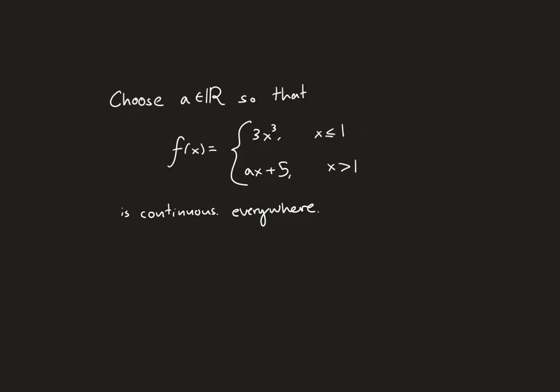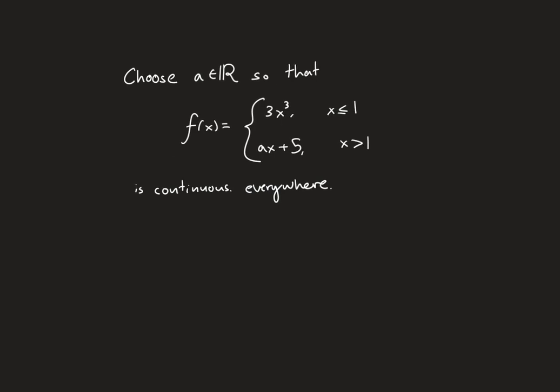So what we want is f continuous at x equals 1. That means, therefore, we want the limit as x approaches 1 of f of x to equal f of 1.